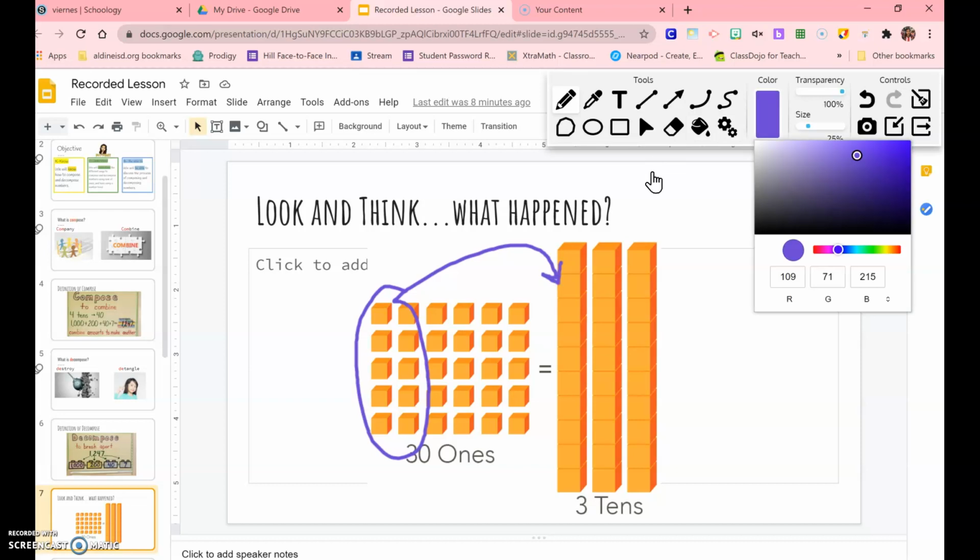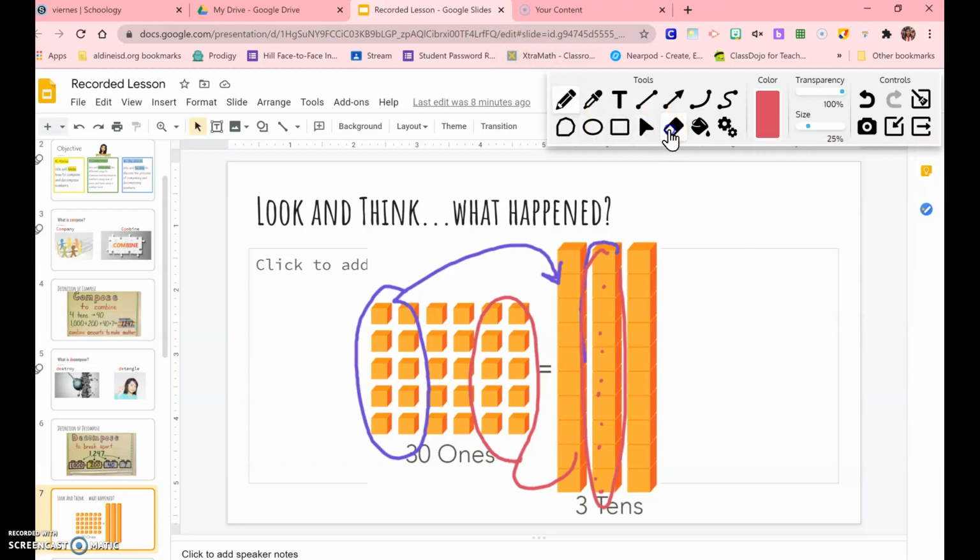But if I want to, I can decompose them. I grab this 10, this 10, and I decompose them into 10 ones. Compose is to put together and decompose is to break apart. But it's still equivalent. 31s is the same value as 3 10s.